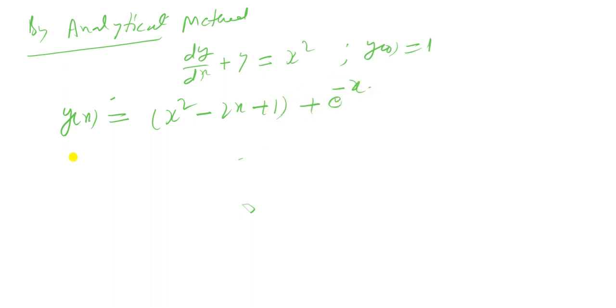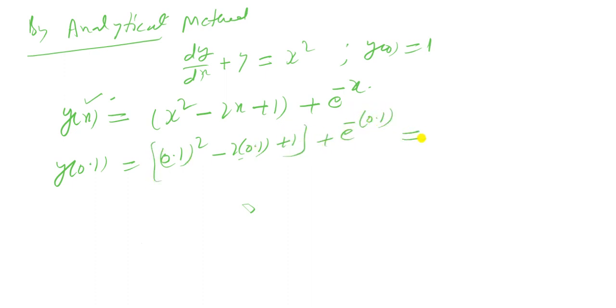So here y of 0.1, that is, put x is equal to 0.1 on both sides of this equation. So 0.1 square minus 2 into 0.1 plus 1 plus e raised to the power minus 0.1. Simplify this with the help of the calculator, then we obtain the value correct to 3 decimal places is 0.905.